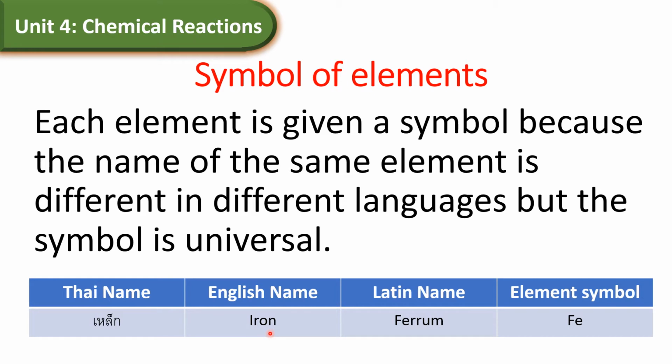So different countries have different versions of the so-called iron. But one thing is common: anywhere you go, as long as you can see Fe, that Fe means ferrum or iron. This is what we mean by the symbols of elements having only one symbol in different languages.